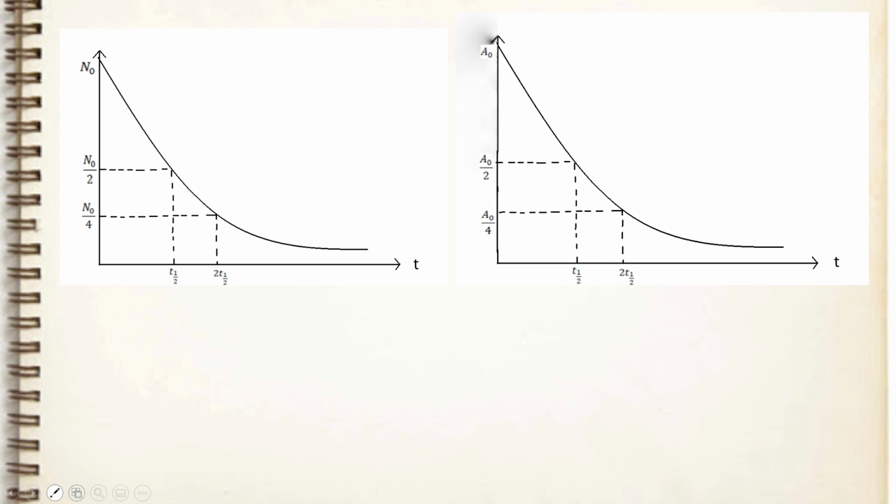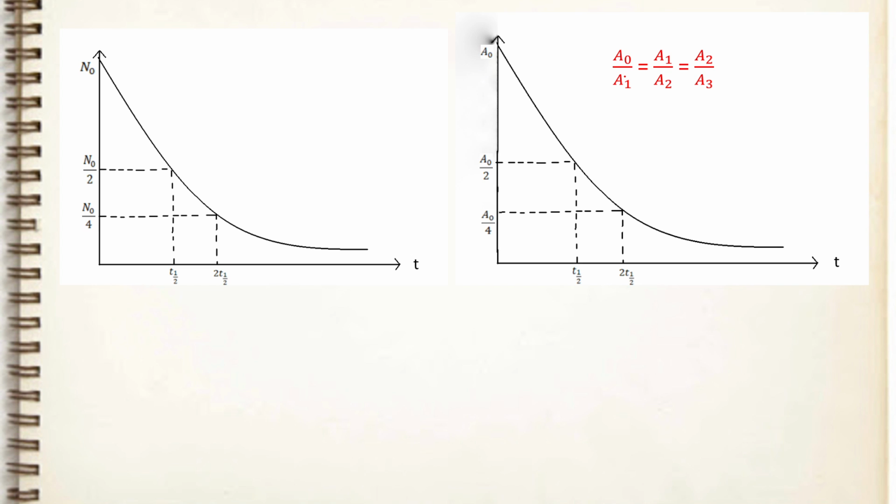Now we have the graph for the number of nuclei in the sample against time, and activity against time. Both of them follow an exponential decay graph. Now what I mean by the term exponential graph is this.